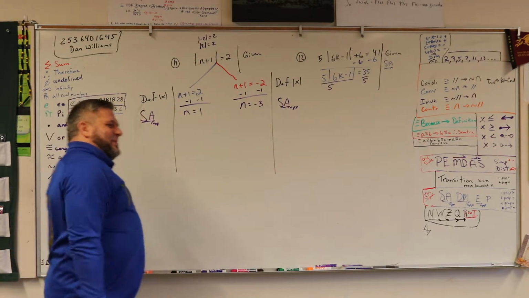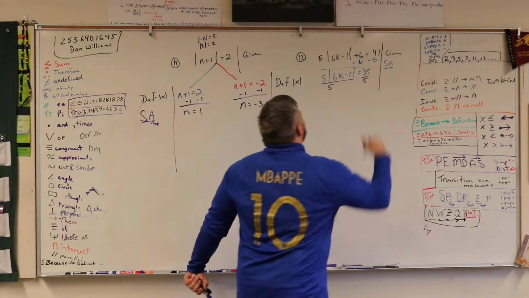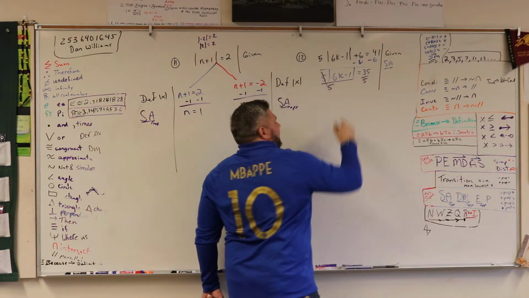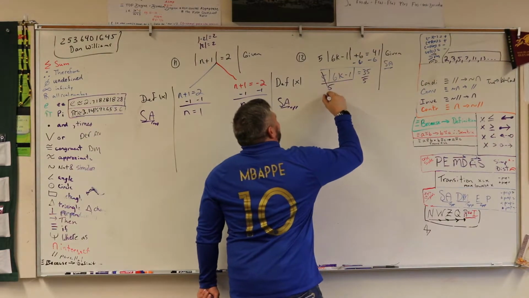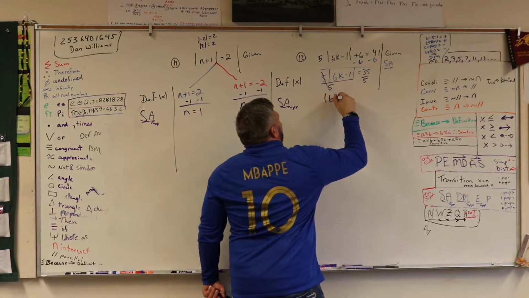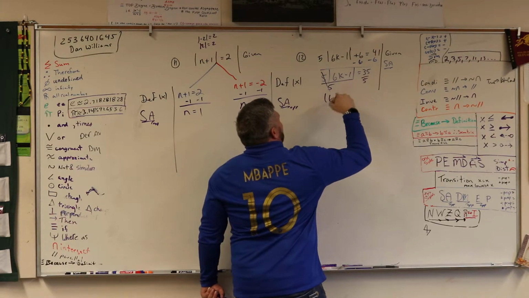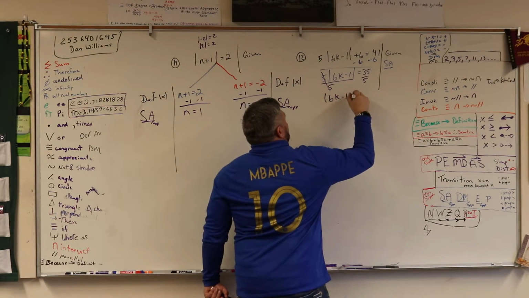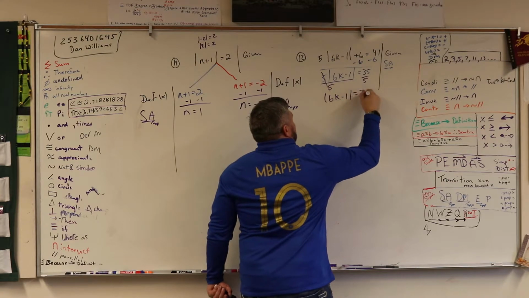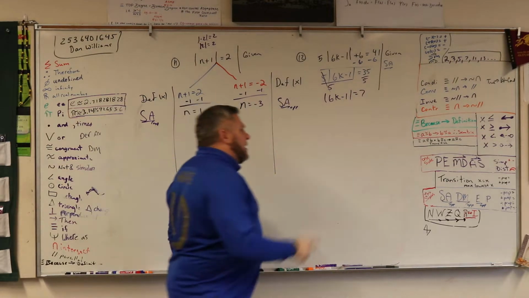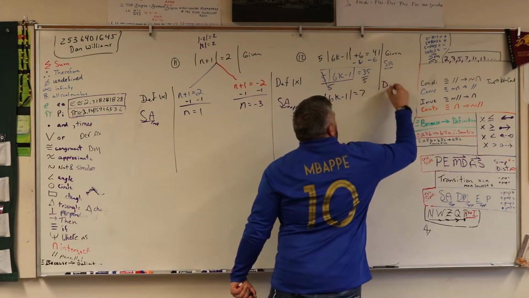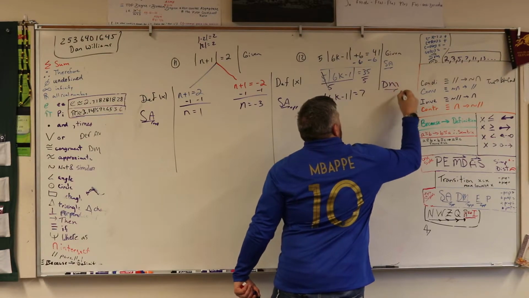All right, anyway, so we're going to cancel this out. 6k - 1, right? And that goes in 7 times, yeah? And we decided that was DM, yeah? Okay?